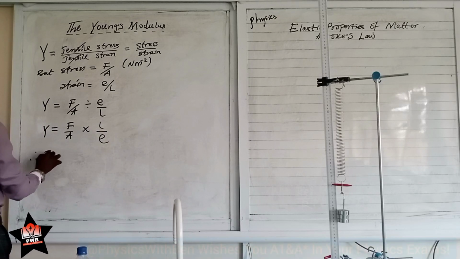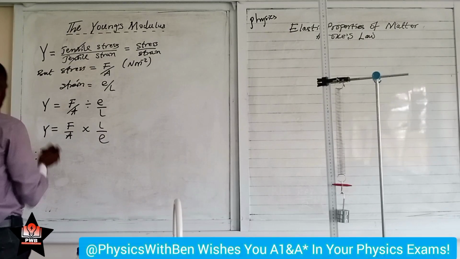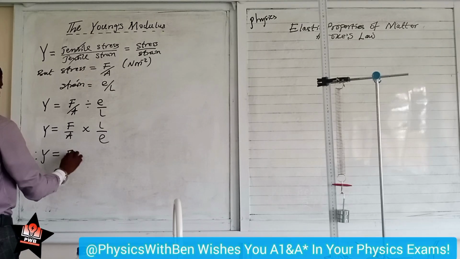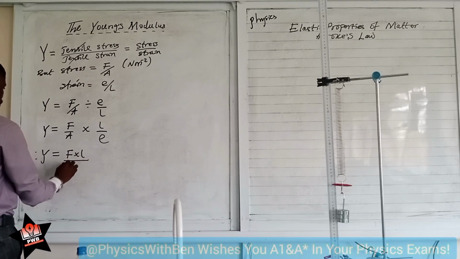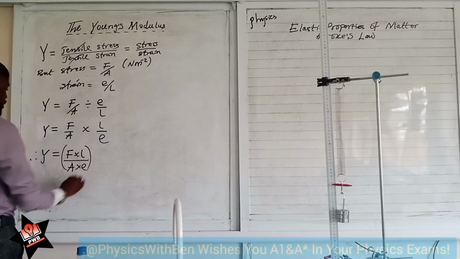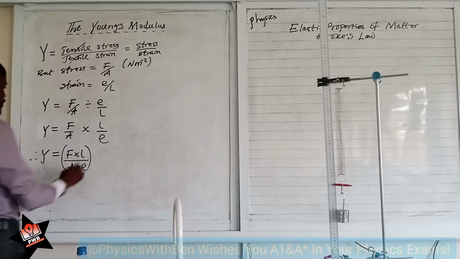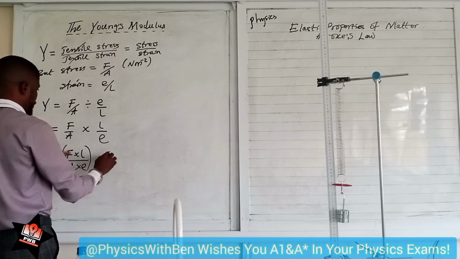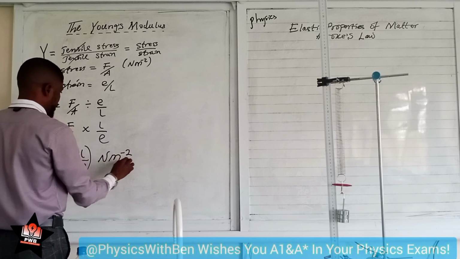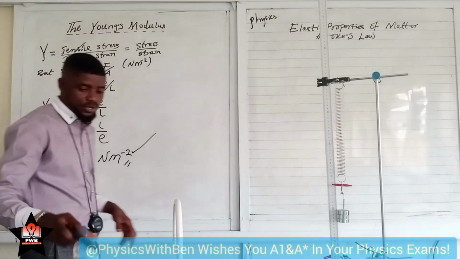Therefore, the Young's modulus is defined as force times original length all over area times extension, in the units of Newton per meter squared. That is the definition for the Young's modulus.